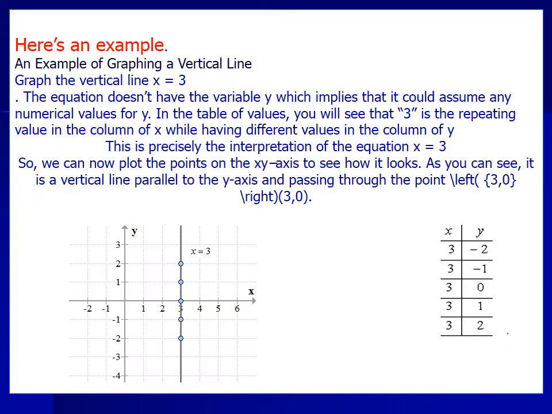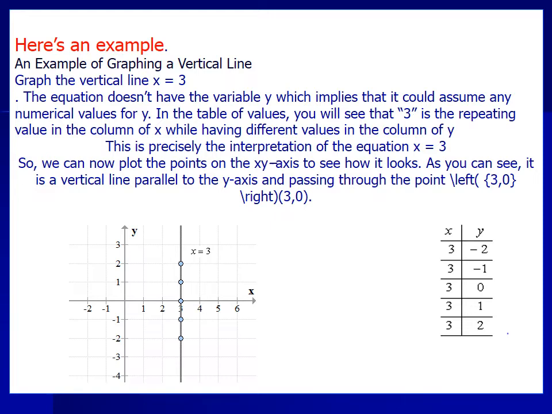Here is an example of graphing a vertical line. Graph the vertical line x equal 3. The equation doesn't have the variable y, which implies that it could assume any numerical values for y. In the table of values below, you will see that 3 is the repeating value in the column of x. That means the value of x is constant, while having different values in column of y.